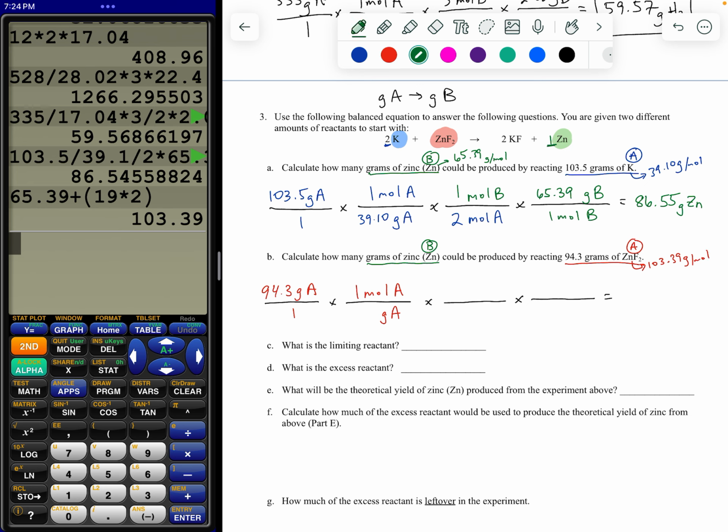Zinc, of course, maintains its molar mass when it's by itself, which is the 65.39. And then we're off. So moles of A to moles of B, and then we have our 1 mole of B is equal to the grams of B, which is, of course, we know by now our mass of zinc there.